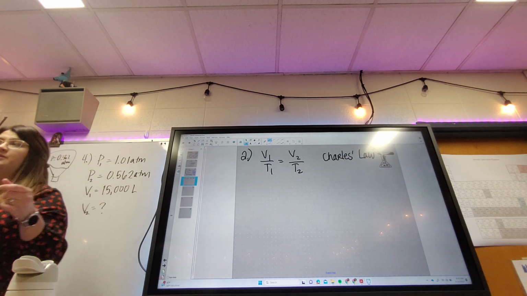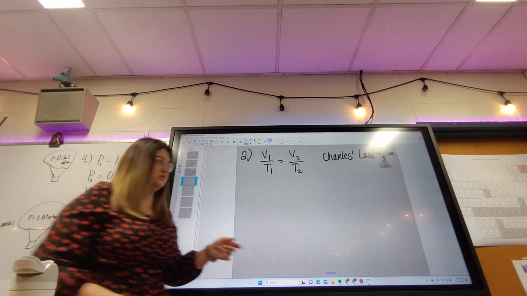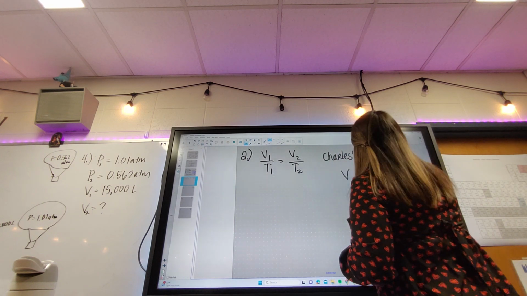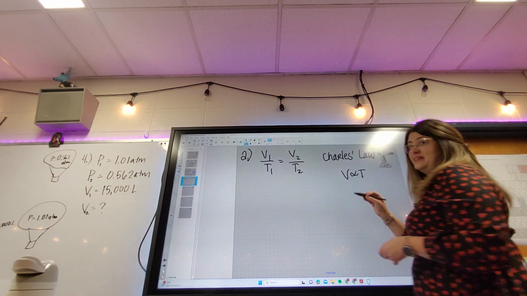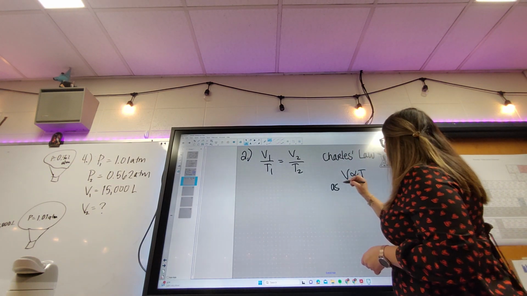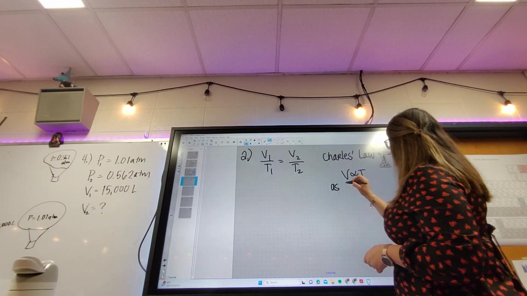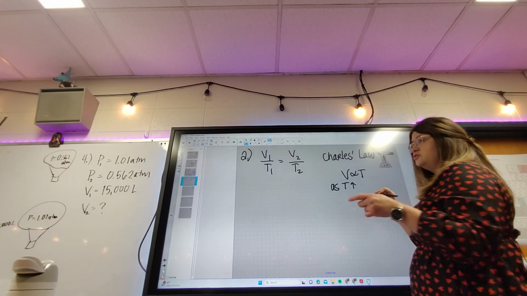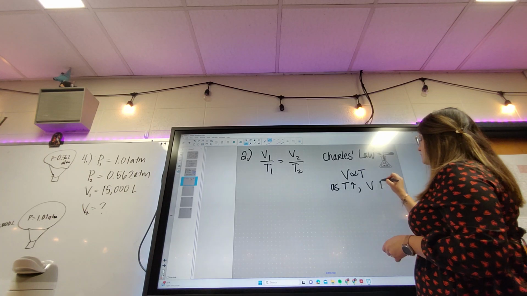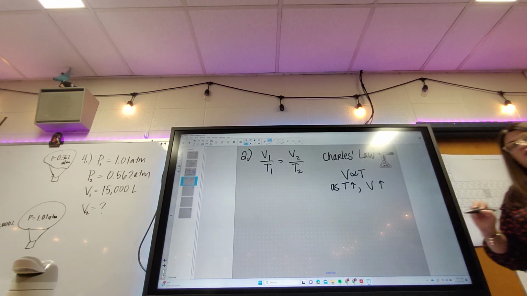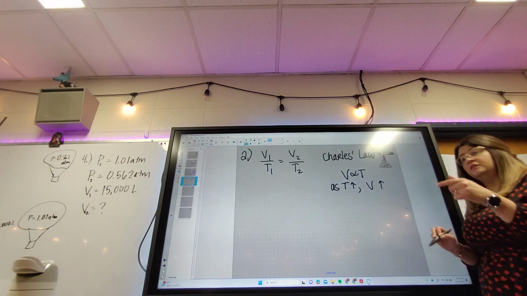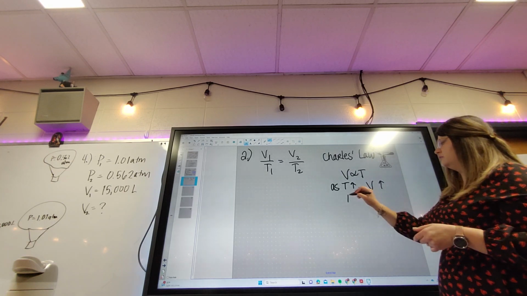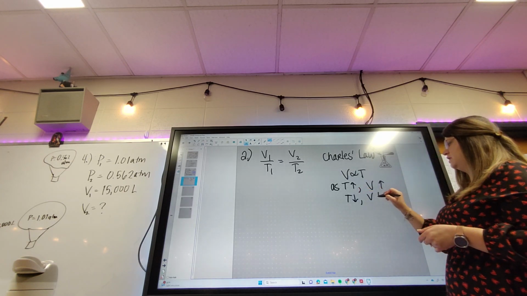So volume and temperature are directly proportional. What does that mean in English? As temperature goes up, as temperature increases, volume also increases. But the reverse is true as well. As temperature goes down, volume also goes down.